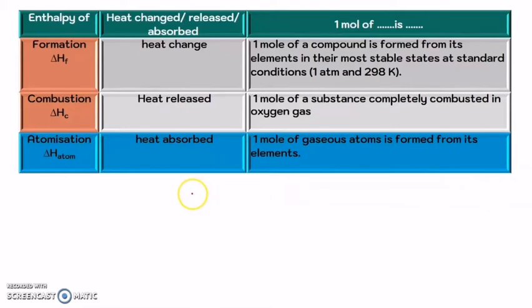Next is the enthalpy of atomization. It is heat absorbed. Heat absorbed means delta H is positive. 1 mole of gaseous atoms is formed from its element. So let's see the example.